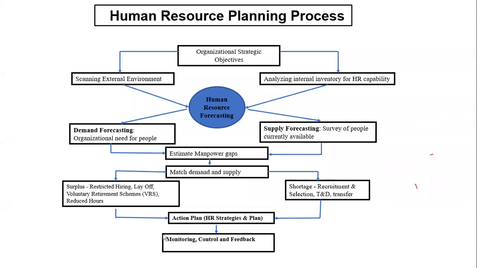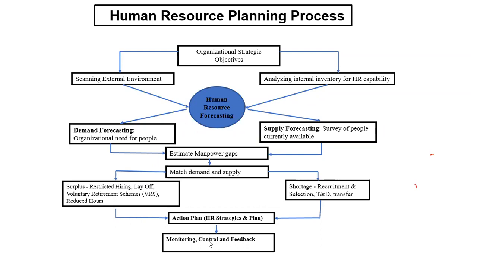So for instance, if the initial action was to reduce the number of hours that employees are supposed to be working, and in the course of monitoring, the HR manager realizes it is not yielding favorable results, so there's the need for the hours to be reduced further, or there's the need for the hours to be increased. That comes under the controlling part.